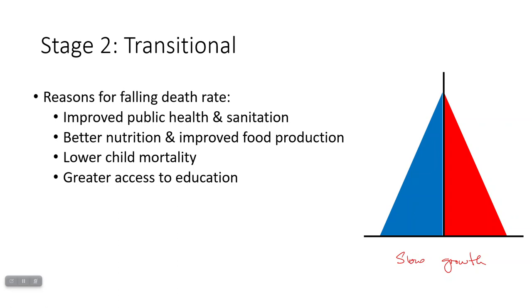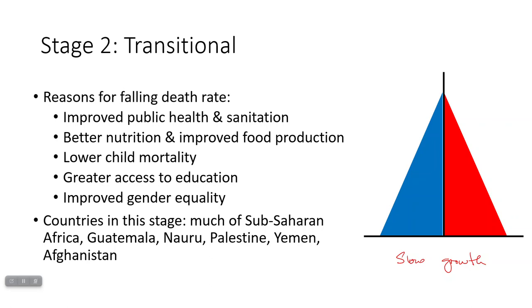Also, there's greater access to education and improved gender equality. If you remember, when women have more rights, there tends to be a decrease in the total fertility rate. Some of the countries in this stage of the transition model are many countries in sub-Saharan Africa, Guatemala, Nauru, which is, I believe, an island in the Pacific Ocean, Palestine, Yemen, and Afghanistan.